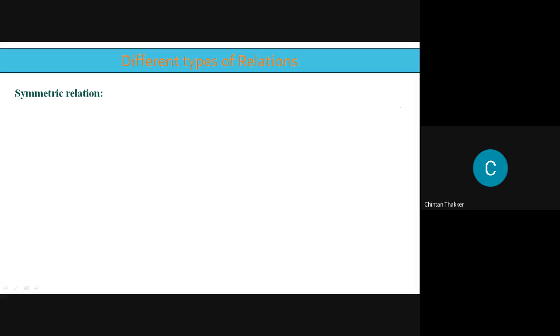If R is a relation on a set A, and if (a, b) belongs to R, then (b, a) belongs to R, for a, b belonging to A.